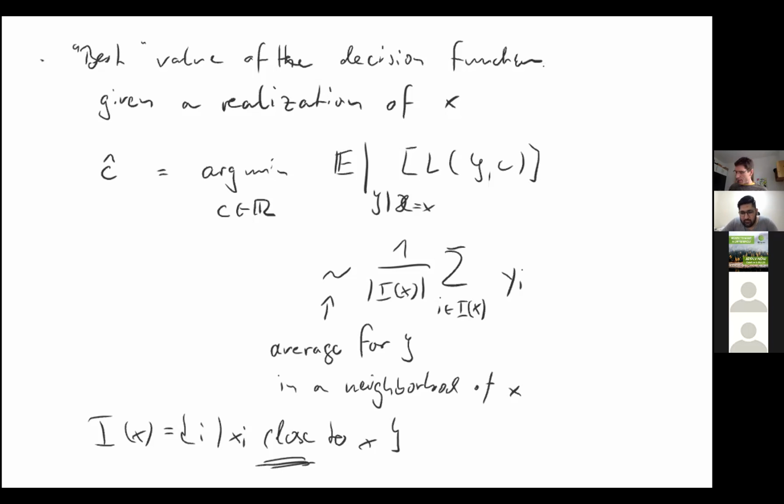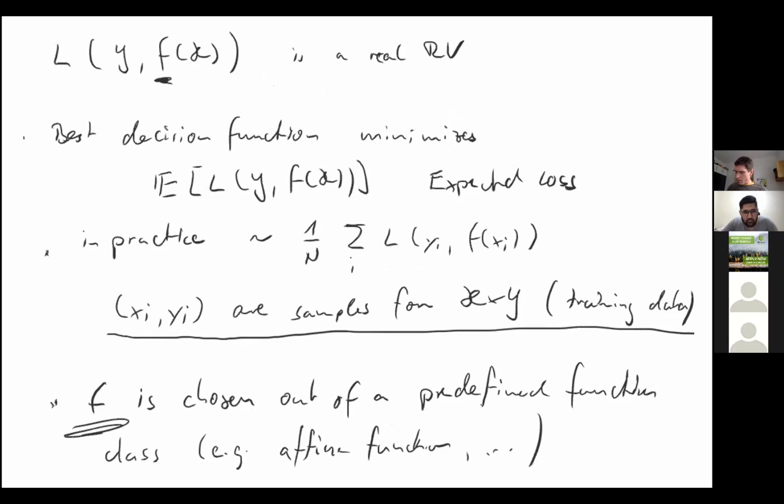The I is an index set, right? So you have your training data, x_i, y_i, and the i just counts your training data. Well, it's the index of your training data.